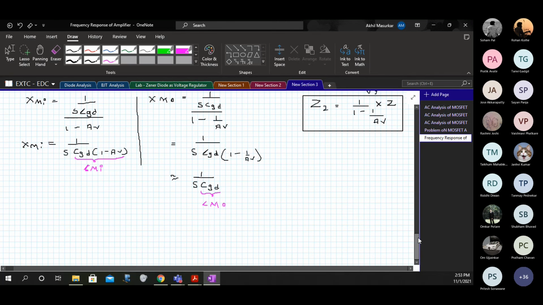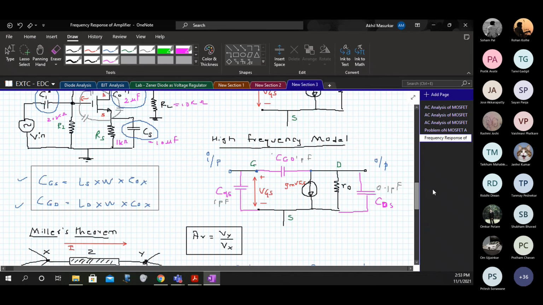So what I mean to say is that if you try to break this capacitance, if you try to connect this CGD, I'll remove it from here and I'll put one more capacitance here, and its value will be 1 minus AV times of CGD. And if I want to connect it on the output side, it will be simply CGD.